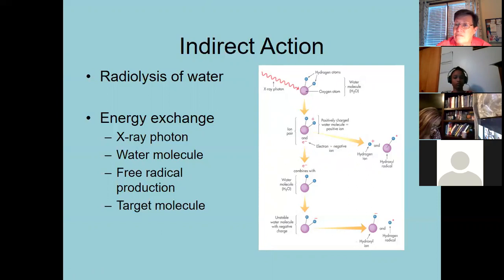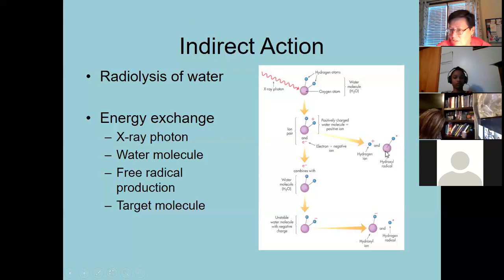Now, the positively charged water molecule is unstable. It doesn't like having that charge. So it's going to dissociate or break apart. Remember lysis, okay? It breaks apart into a positive hydrogen ion and a hydroxyl free radical.